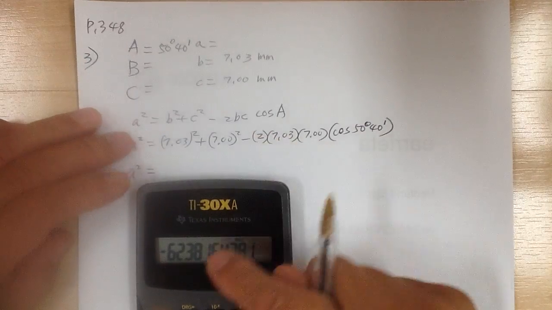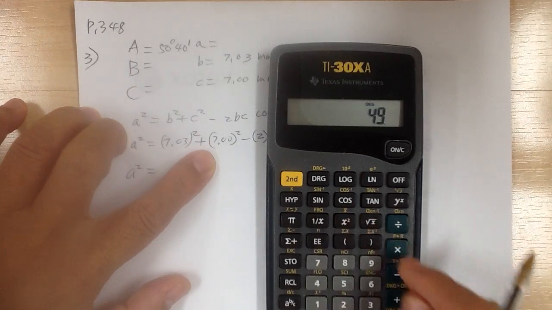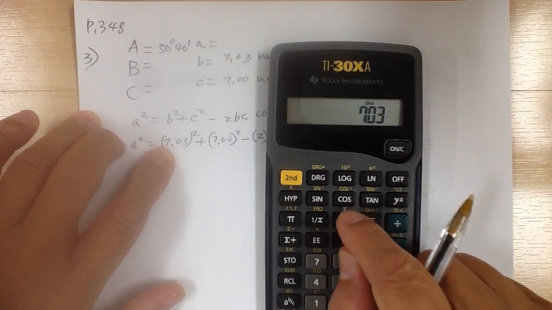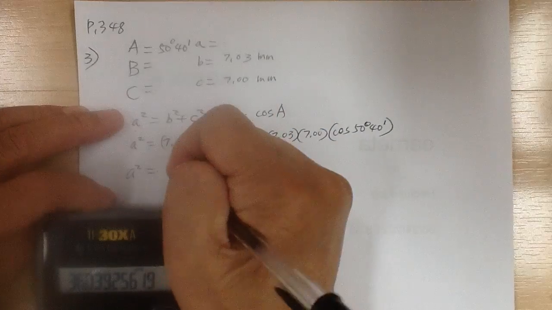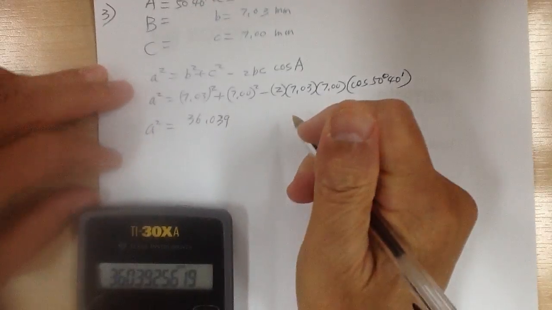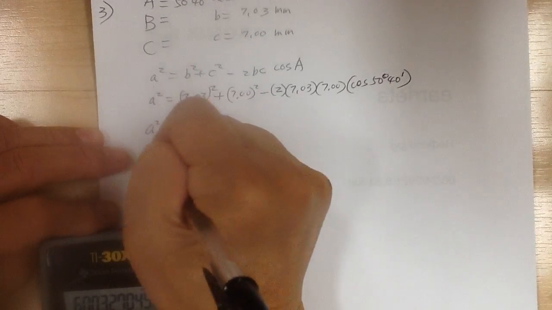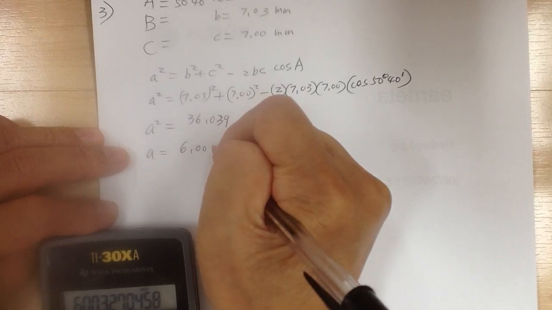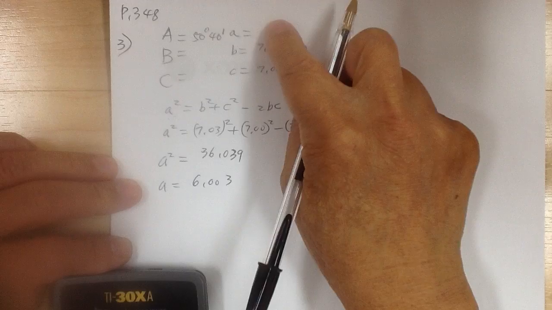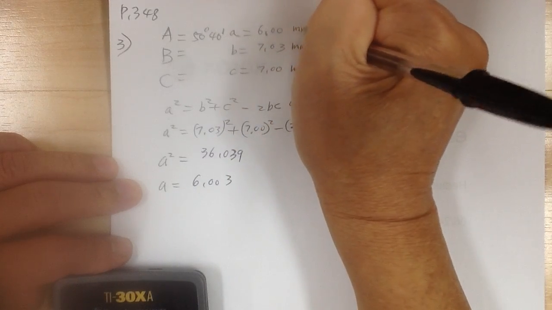Then I'm going to add 7 squared plus 7.03 squared. This gives me 36.039, and I'm going to take the square root of that. So a equals 6.003, and when I put it over here, it's going to be 6.00 millimeters.